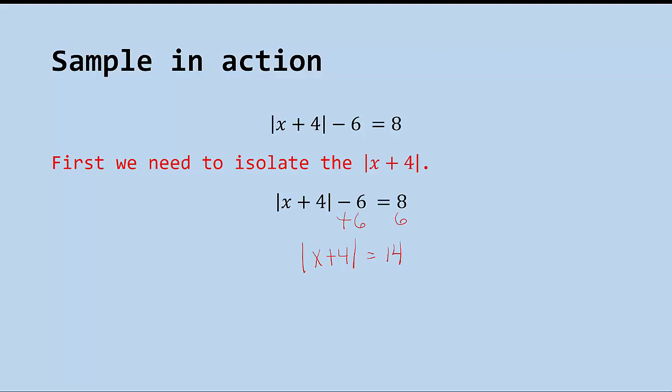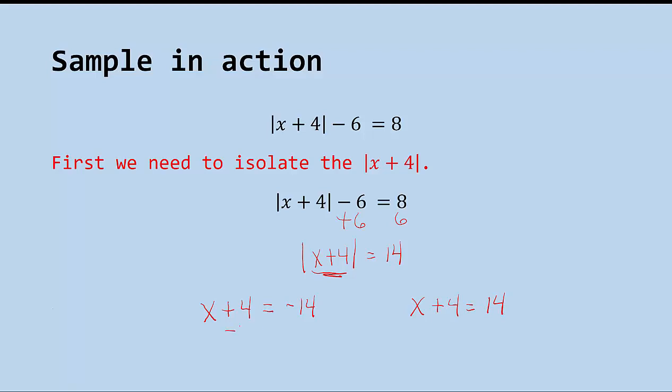Now we can apply the same rule we did before, because the x plus 4, whatever that is inside, can either come out to be negative 14, because the absolute value of negative 14 in here would be 14. We need our second equation, x plus 4 equals positive 14.